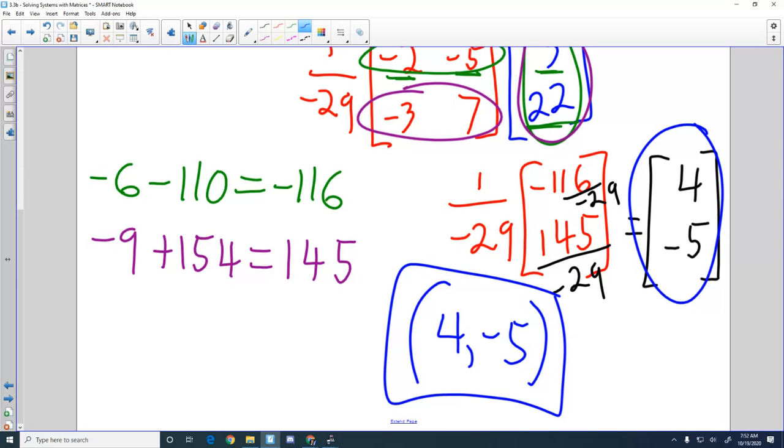Now I know what you're thinking. Can't we just use substitution? Yeah, of course you can. But that's great when there's only two equations. In a real life application, you're not going to have just two equations. You're going to have 10. All right? You don't want to use substitution for 10 equations. But with the system of equations with matrices, super simple. You put all 10 of those into a matrix equation. And, well, you're not going to calculate the inverse by hand.